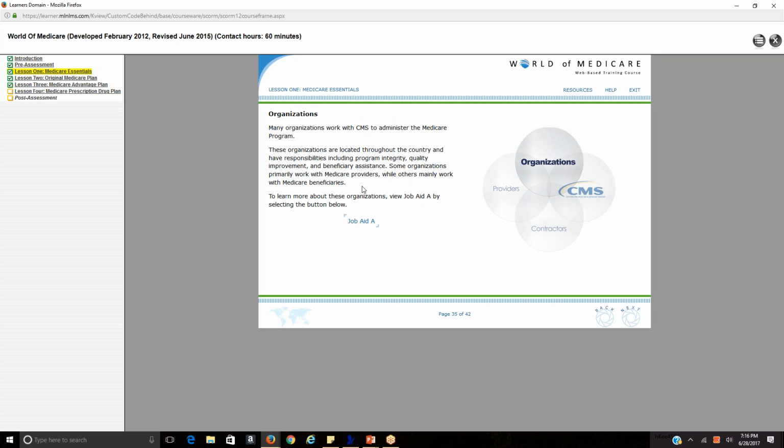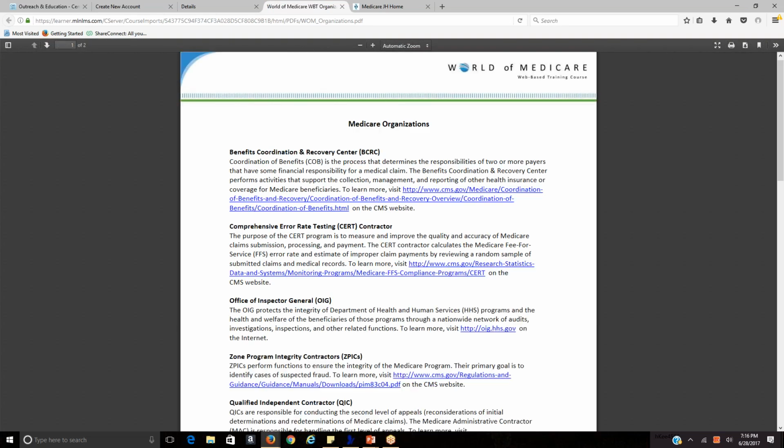And if you go to the job aid, it takes you to an info sheet about the different organizations. For example, the Benefit Coordination and Recovery Center, Comprehensive Error Rate Testing Contractors, the Office of the Inspector General, and so on and so forth.